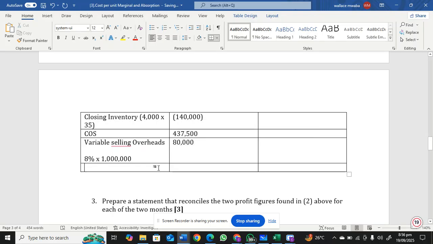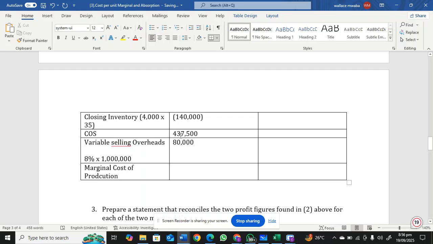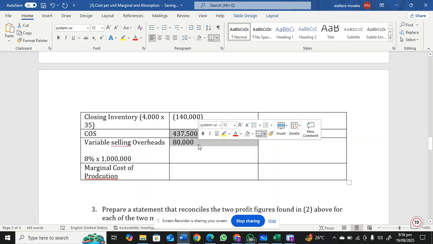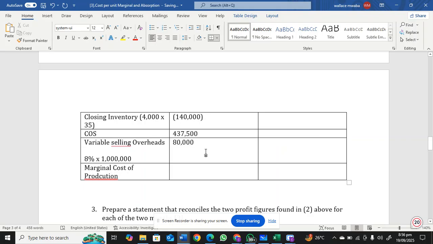Okay, so this is our total variable cost, total marginal cost of production. 437,500 plus 80,000 gives us 517,500.